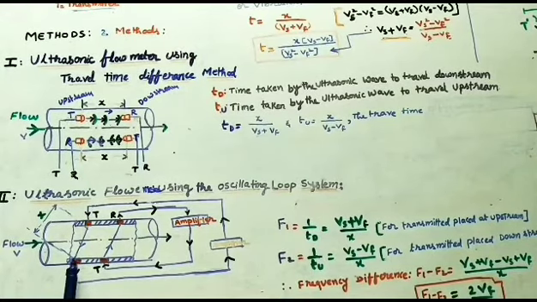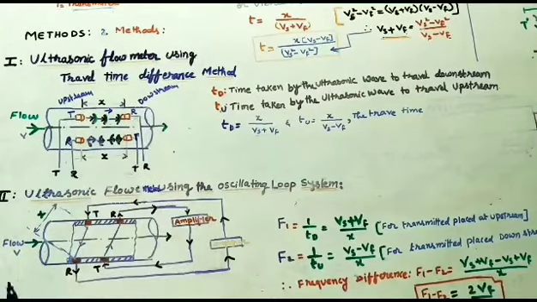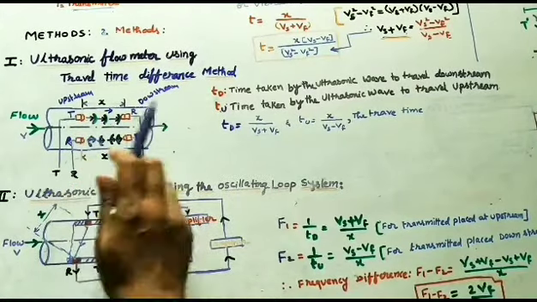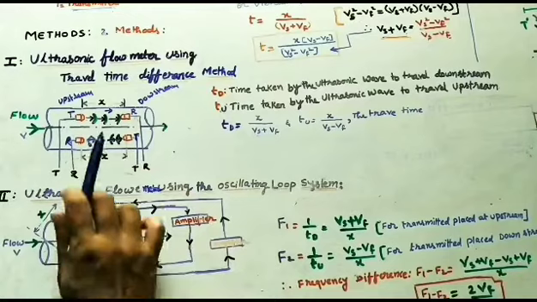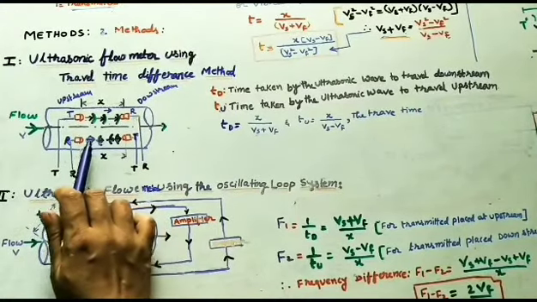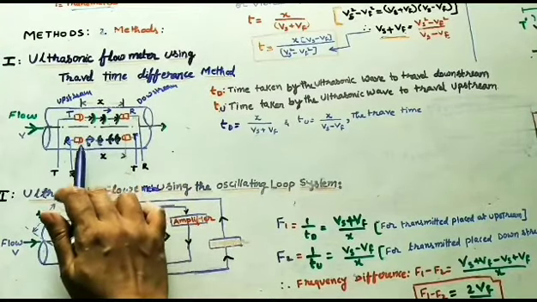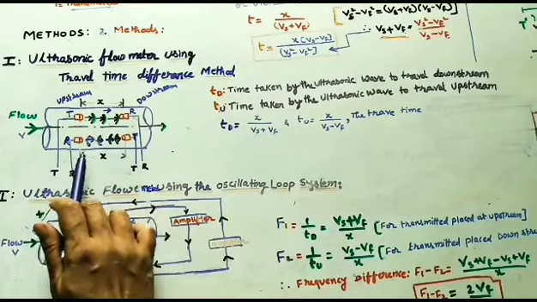Which direction are the waves taking more time? See here, the waves are moving along the flow, so they go easily in this direction. It will take less time. In this other case, the flow is in this direction but the waves are in the opposite direction, so it will take a long time.